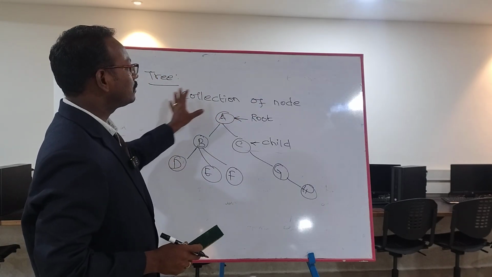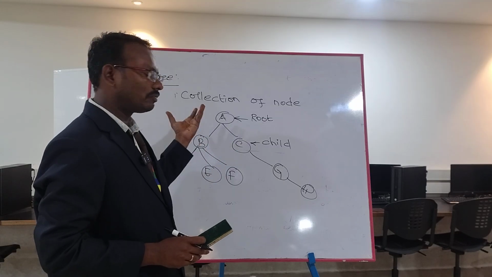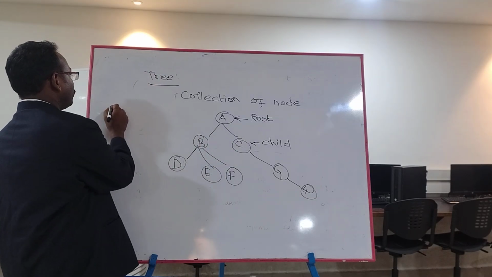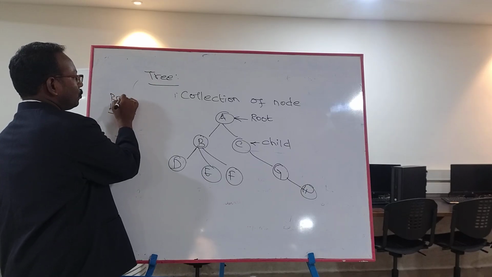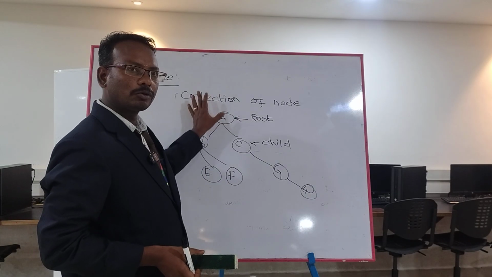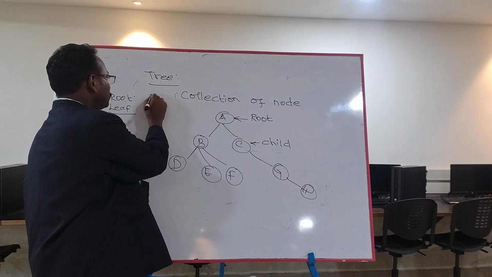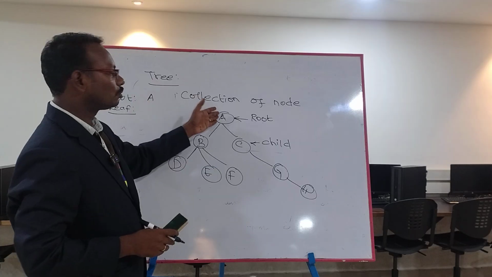We can define a number of terminologies from the tree. For example, what is a root and what is a leaf? The node present at the top is called the root. So A is the root node. And what are the children of the root node?